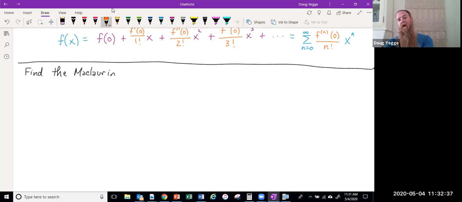Every single function, any function, sine x, cosine x, natural log of x, e to the x, whatever function you come up with, has a power series representation. And all they are, if you were to center it at 0, is x to the n times this special coefficient. So that special coefficient is going to be our c sub n pattern, okay? And that's what's going to make one series different from another series, okay? Everybody cool with that?